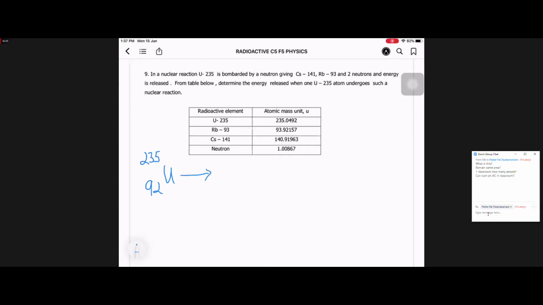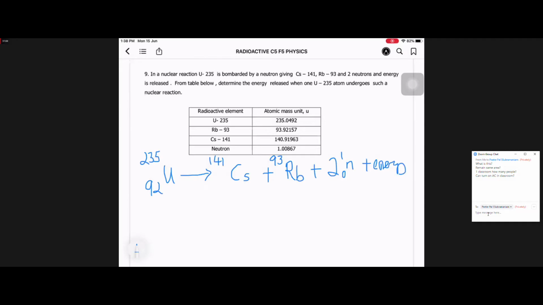It is forming cesium 141, plus rubidium 93 plus 2 neutrons. Neutrons, you must put 1 and 0, and energy.